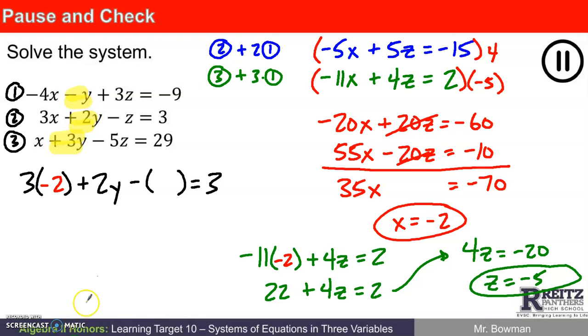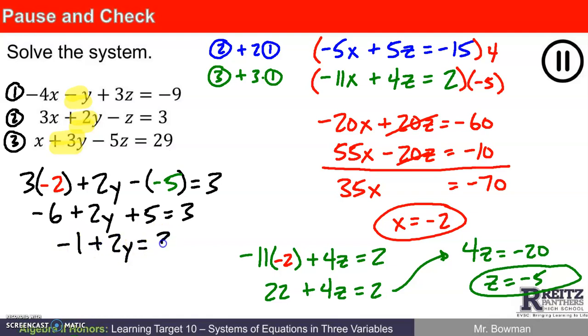And I know that z is negative 5. So we've got negative 6 plus 2y, this is plus 5, is 3. These two here combine to make negative 1. Negative 1 plus 2y is 3. If negative 1 plus 2y is 3, 2y is 4. Hey, y is 2.